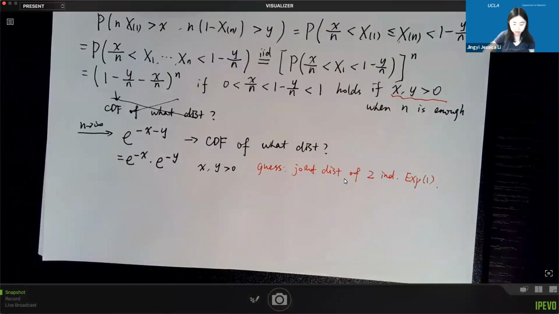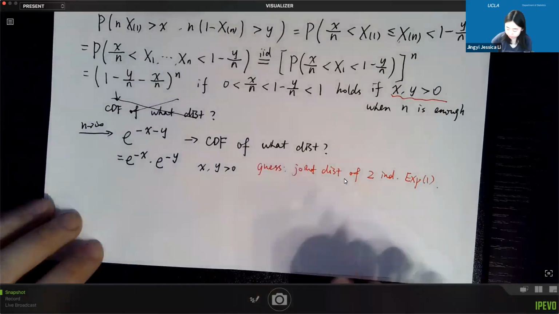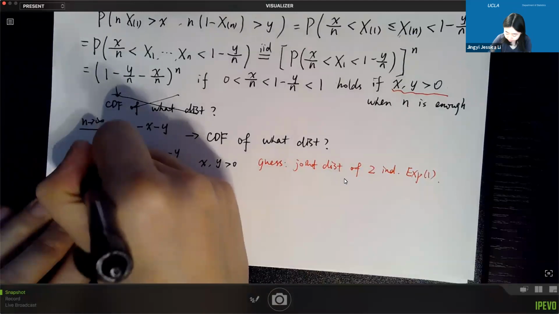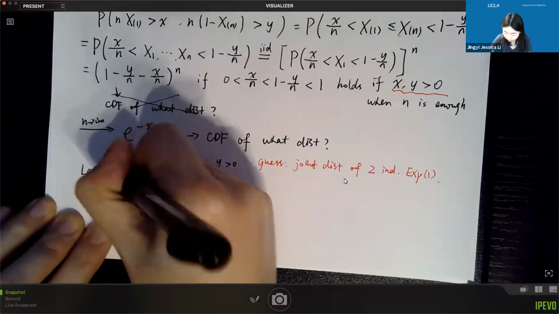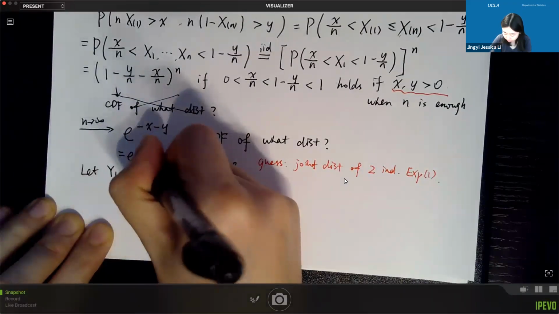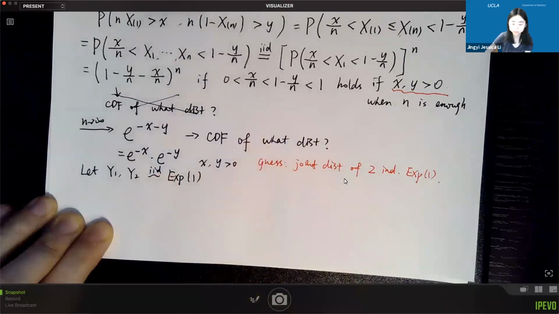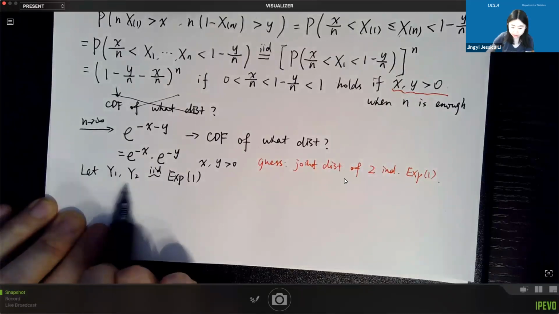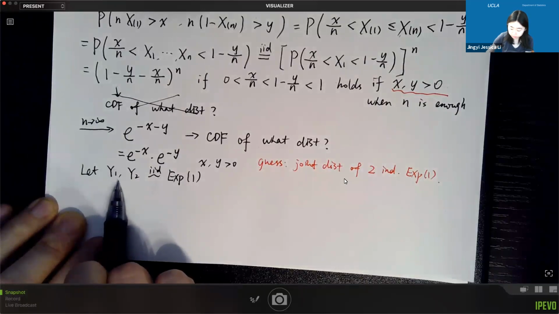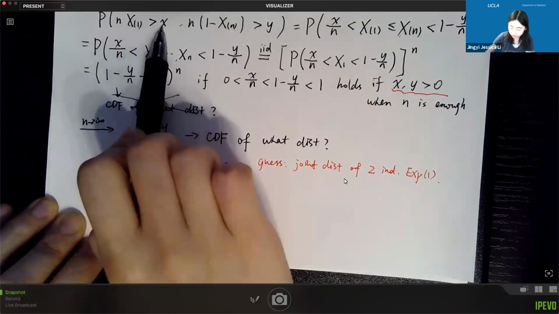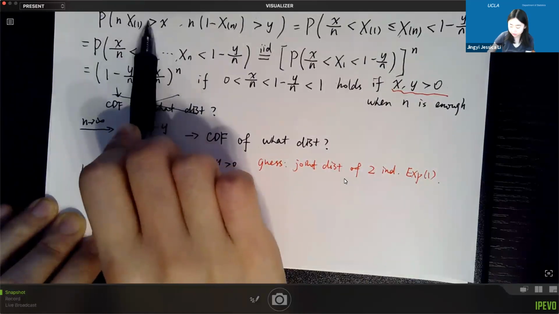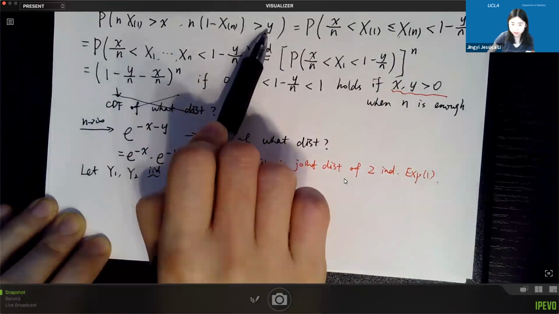Okay, so let me define y1, y2 to be independent exponential one. And I'm going to verify for y1, y2, and what will be their CDF, not exactly CDF, but using the greater than, what would that be?